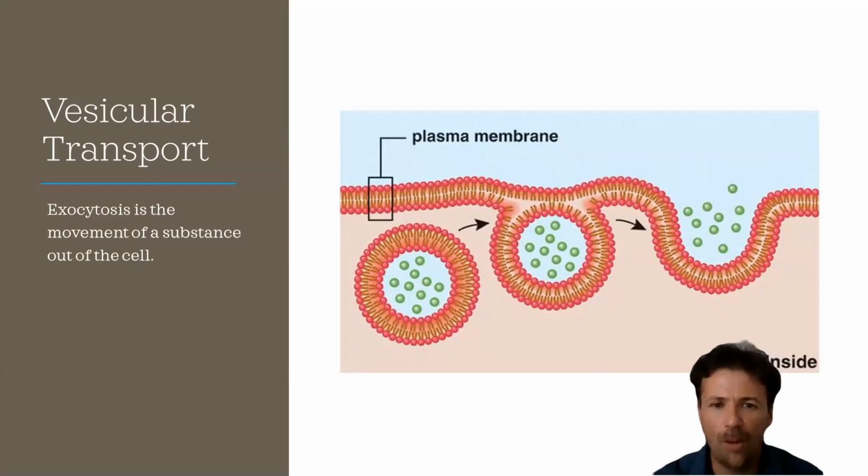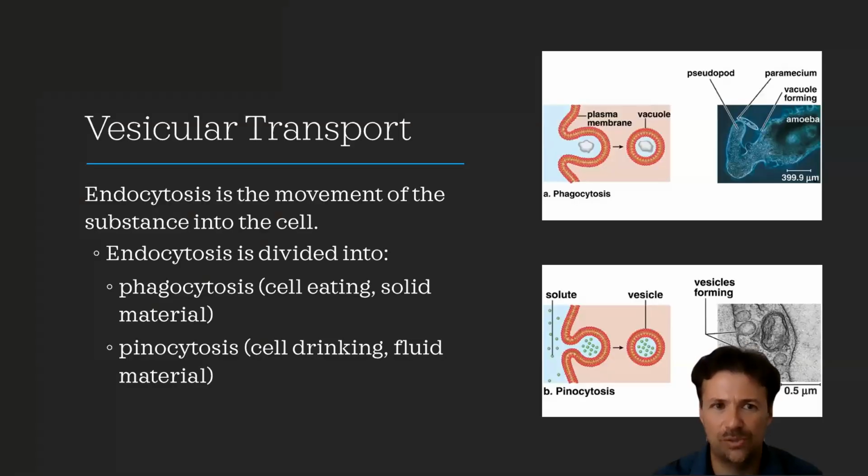Well, the opposite of that is endocytosis. Here you have the movement inside of the cell. And that could be a solid. And if it's a solid, we call it phagocytosis, cell eating. And I'm sure you remember the classic example from high school when you study the amoeba eating the paramecium by surrounding it and forming a vesicle. You can also have pinocytosis or cell drinking, where you encapsulate fluid and form a vesicle.